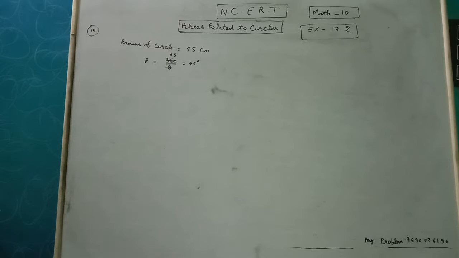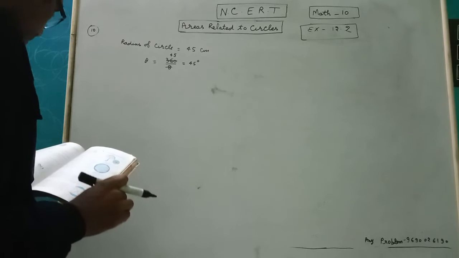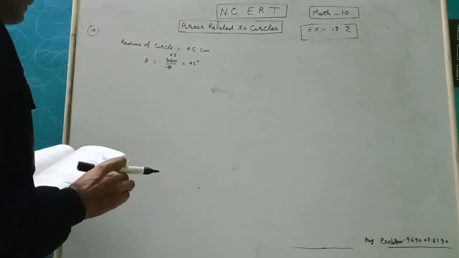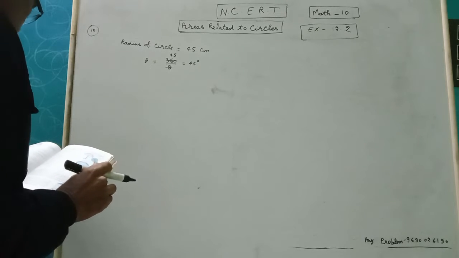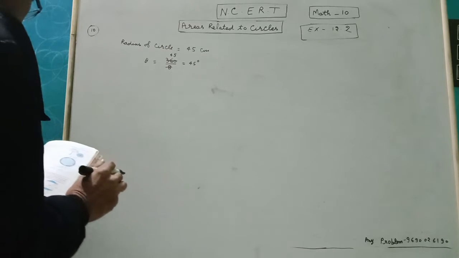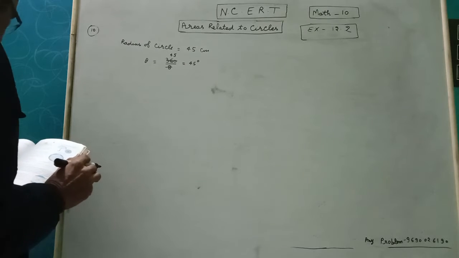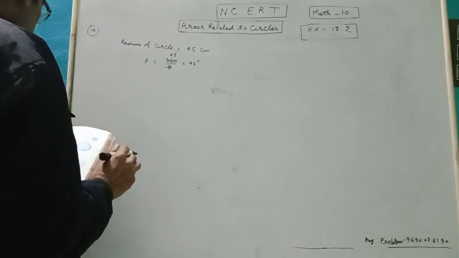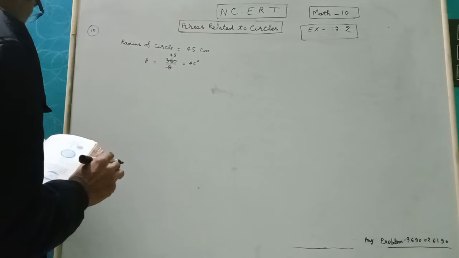10th class, exercise 12.2, Areas Related to Circles. An umbrella has 8 ribs which are equally spaced.